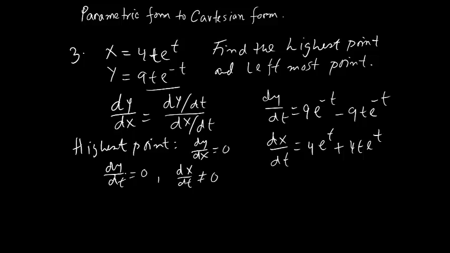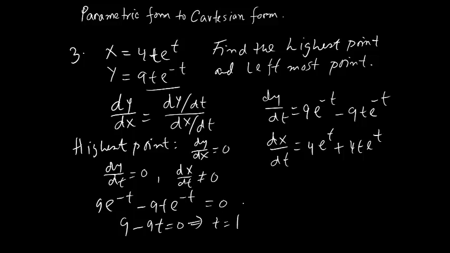Now when I say dy/dt equals 0, I take that equation: 9e to the minus t minus 9t e to the minus t equals 0. Now you can ignore e to the negative t by factoring, and you know it's a non-zero term. So then we have 9 minus 9t is 0. So that gives me t equals 1. All right.